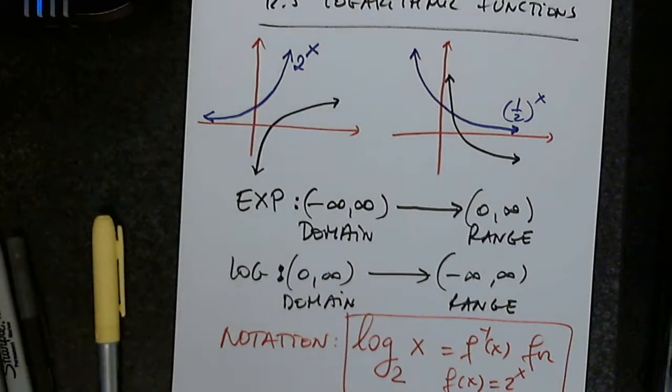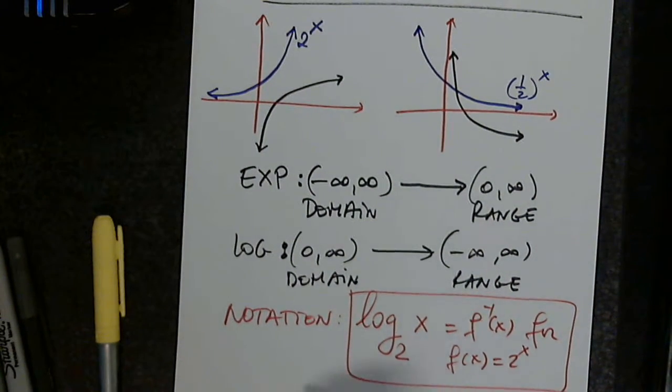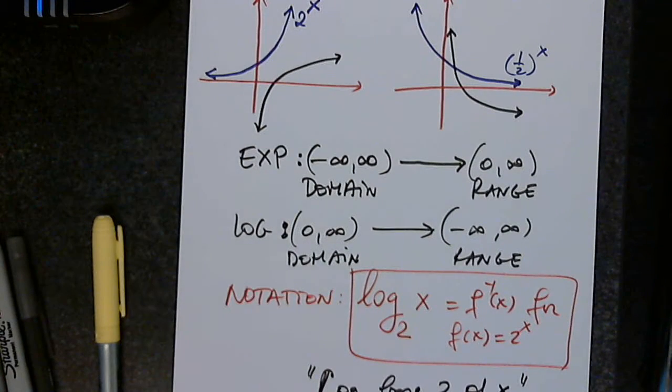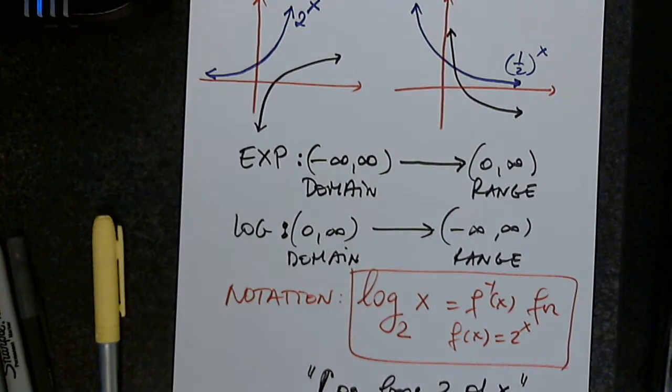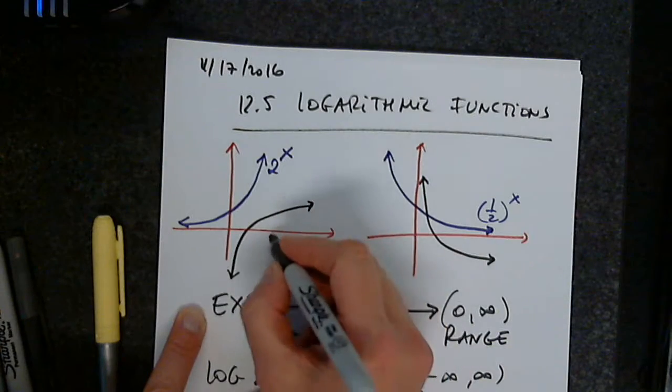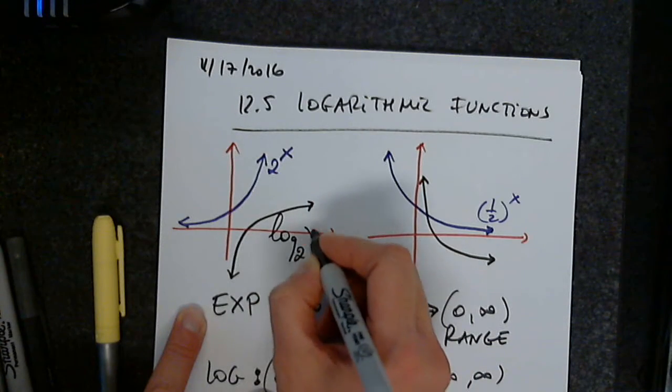The function 2 to the x has an inverse function that is f inverse, log base 2 of x. Here's how we write it, how we read it. Log base 2 of x. So the inverse function of 2 to the x is log base 2 of x.